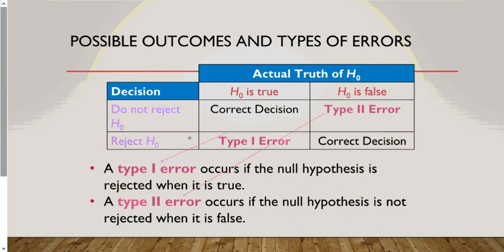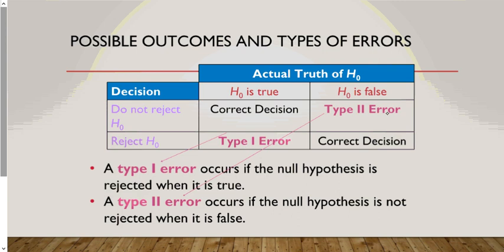And so therefore I'm going to reject the null. Like you do your test and let's say you reject it. But you come to find out later on that it really was true. Then you have made a type 1 error. It's not that you did anything wrong. Your sample just led you to reject the null. A type 1 error happens whenever you reject the null, but you shouldn't have rejected the null.